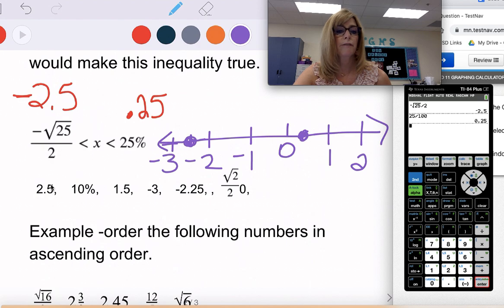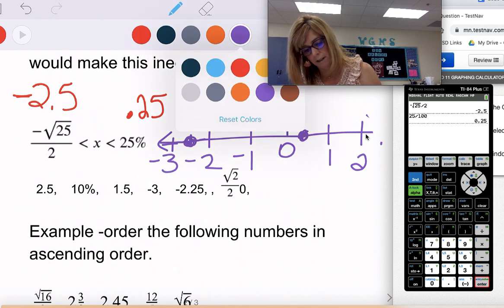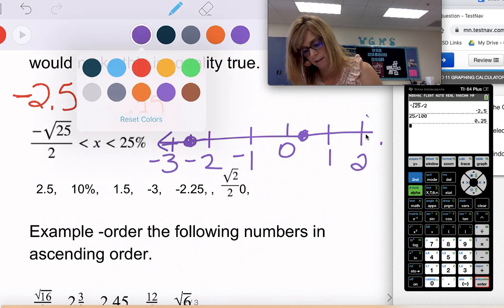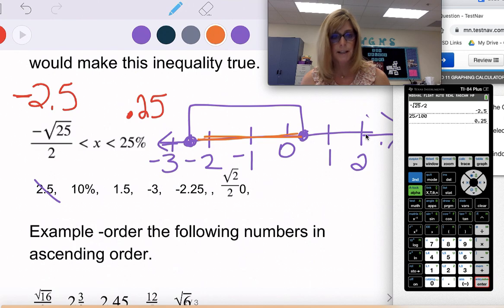So 2.5, well, we know 2.5 on a number line is going to be past a positive 2. So I'm not going to circle that one because that would not be between this area right in here. Okay, 10%, remember 10% as a decimal, 10 divided by 100 is 0.10.